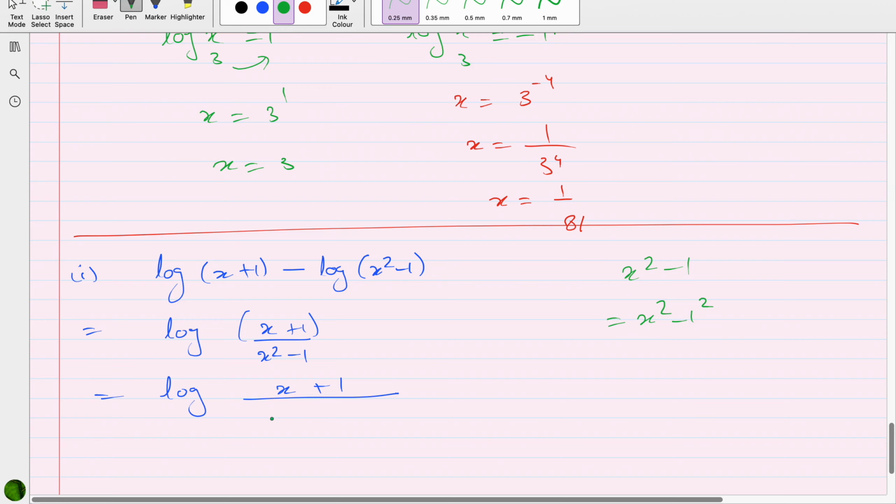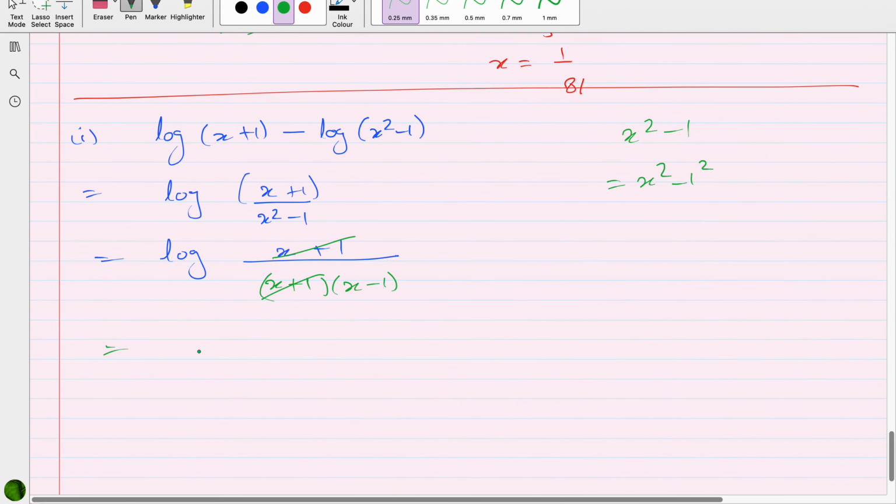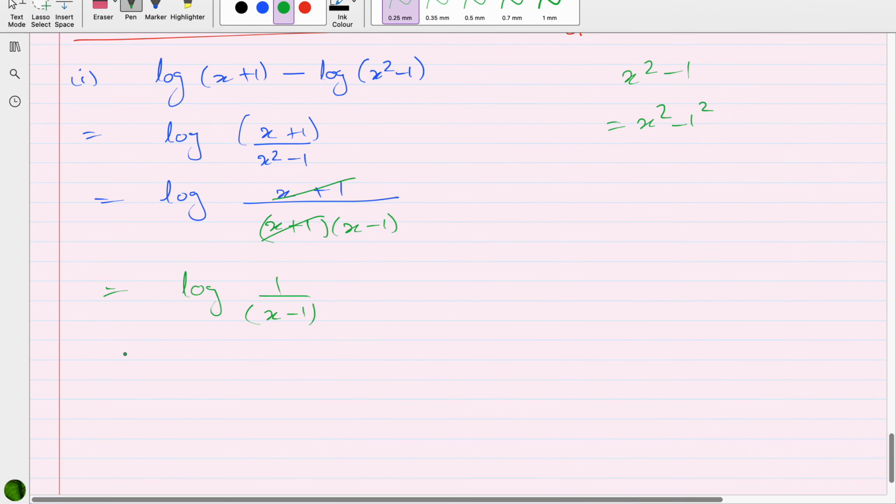So a squared minus b squared could be written as x plus 1 into x minus 1, and we can get rid of this. So finally it is simplified to log of 1 divided by x minus 1. And one more thing we can do is bring this into the numerator, and that would be minus 1. The power changes. Now, using the power law, bringing this minus 1 outside, it is minus log of x minus 1.